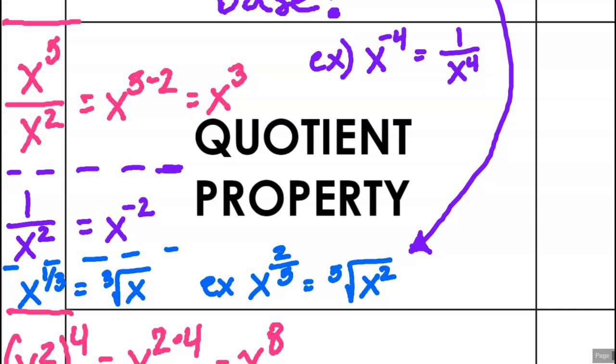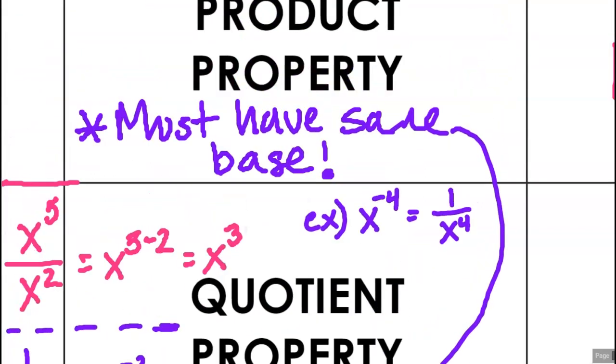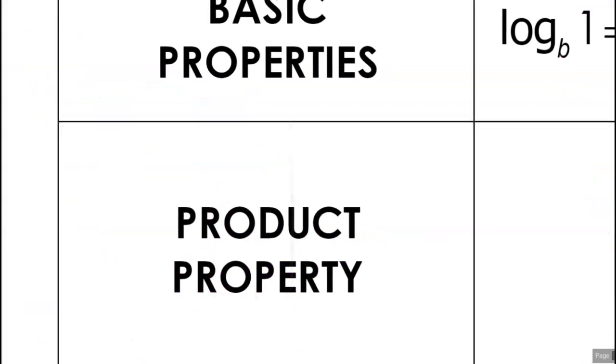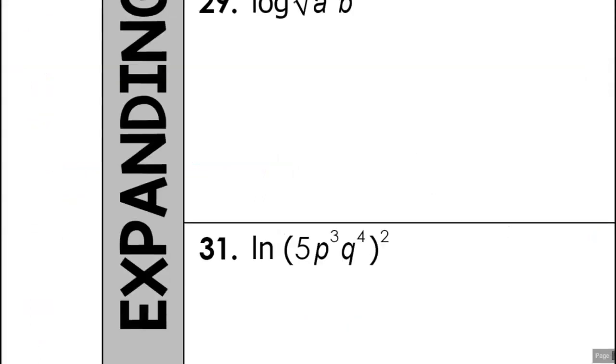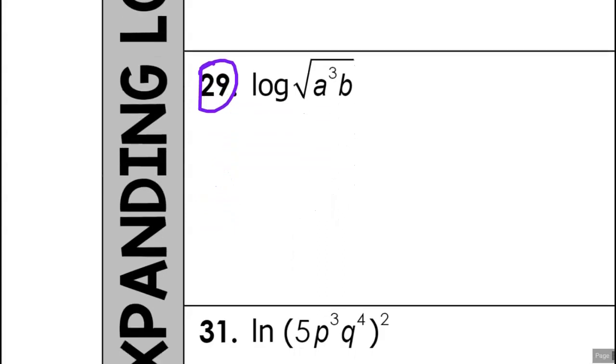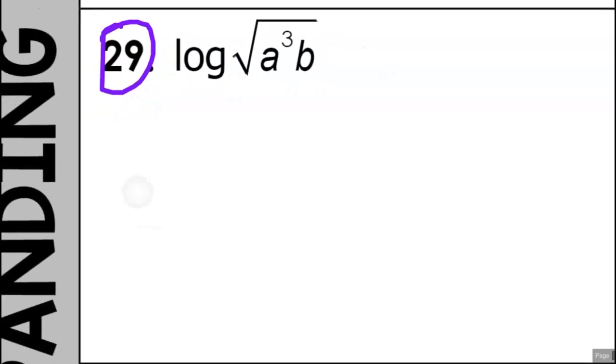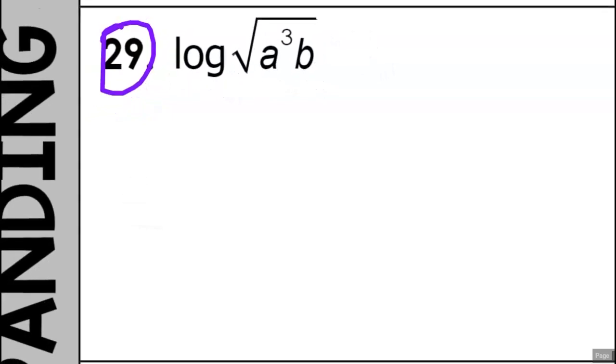So when we did radicals, I actually did go over this, but I know it's easy to forget. So back up here on our example, I have the log of the square root of a cubed times b. What is the first step in expanding this? How can I rewrite that square root?